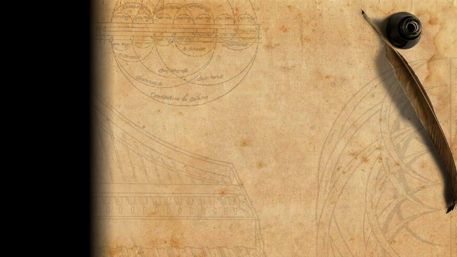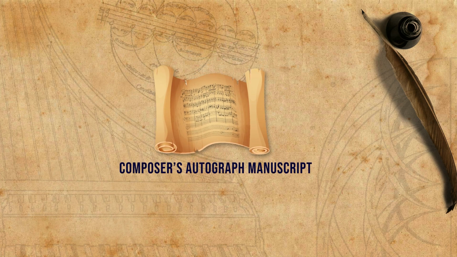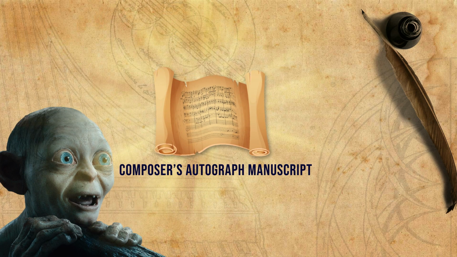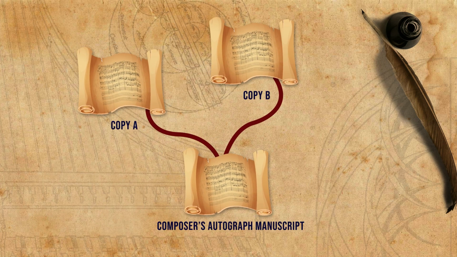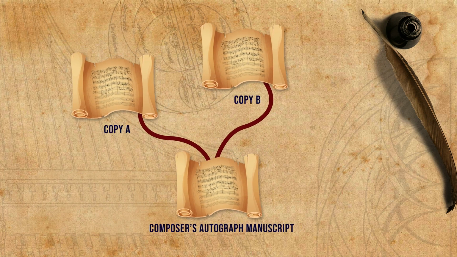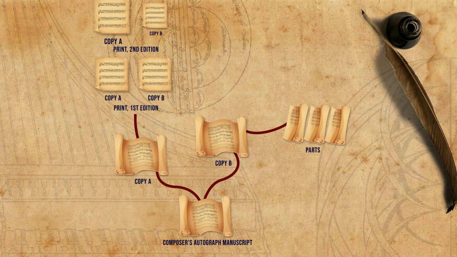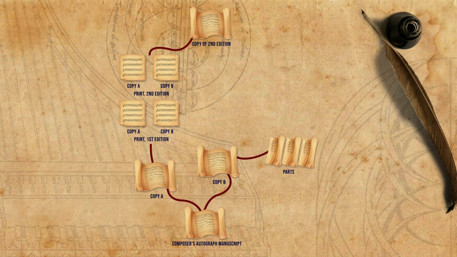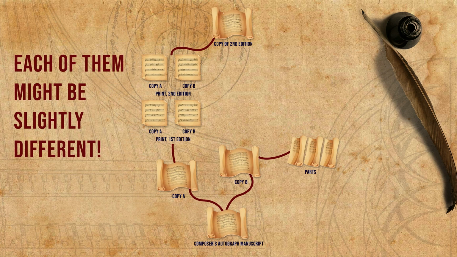1. Collation of sources. Sometimes the music is preserved in different sources. The composer's autograph manuscript, a precious kind of source which is increasingly rare the more we go back in time. Copies of the composer's autograph, separate copied parts, a printed version, further copies or editions of the printed version, manuscript copies of the print, and more, and each of them might be slightly different.